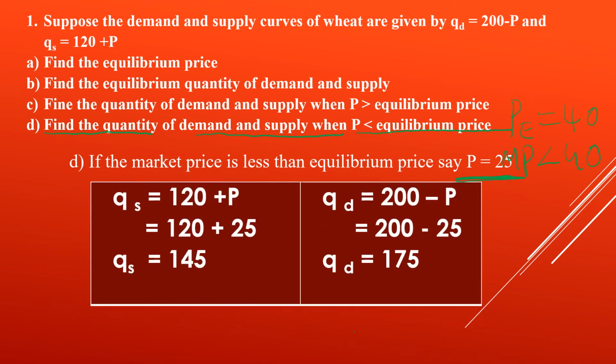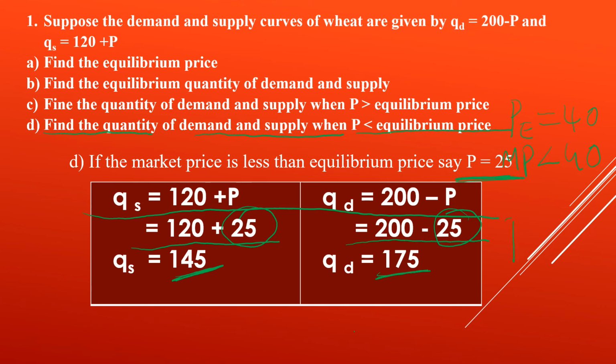Now you can substitute the market price, which is less than equilibrium price, that is 25, in the equation. 120 plus 25 is 145. 200 minus 25 is 175.